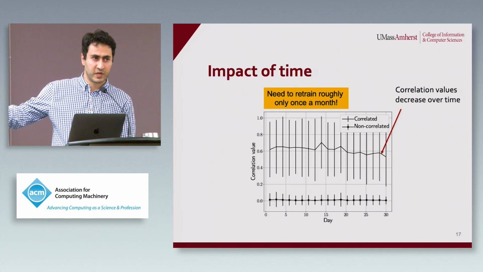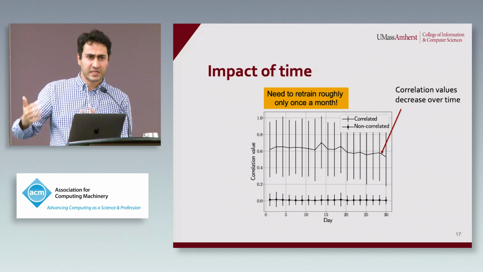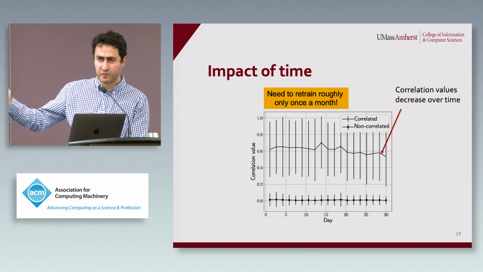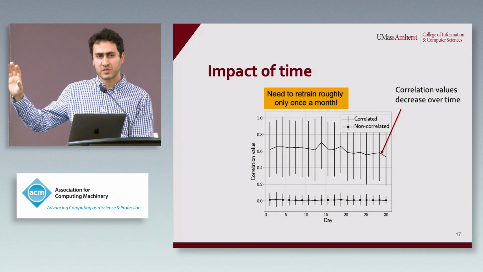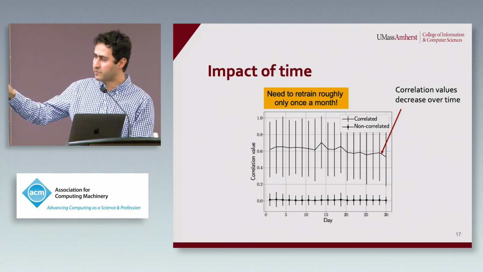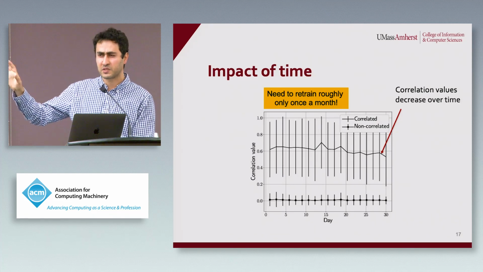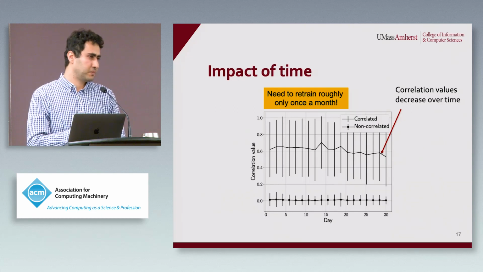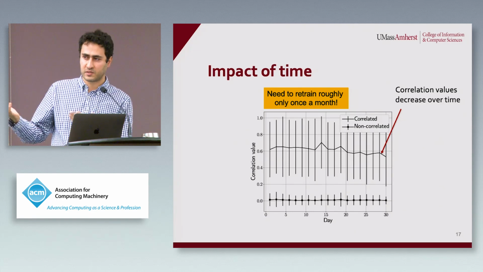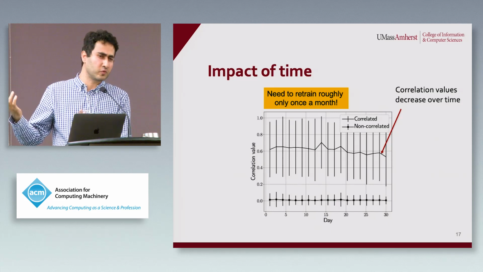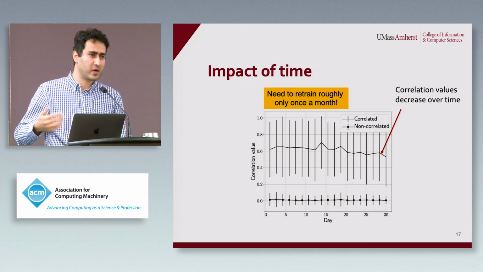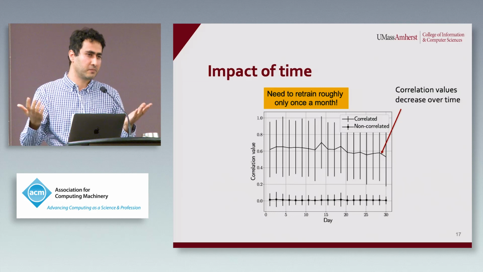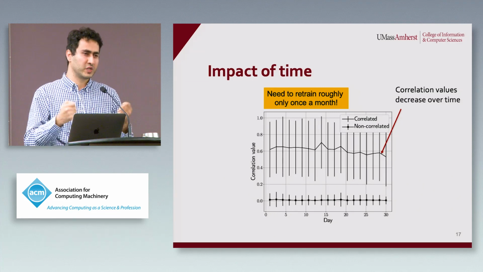We have done it for 30 days. And you see that at some point, the performance of the algorithm starts going down. So maybe around 3 weeks or close to a month is the time that we have to retrain the model again, right? But the good news is it's not as frequent. We don't need to retrain as frequently as a day or a week. So maybe once a month is enough for the adversary to retrain the model.